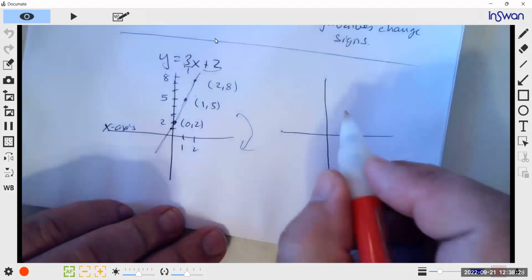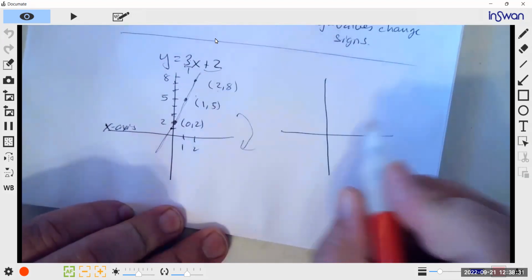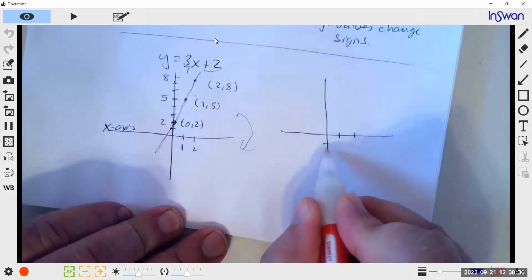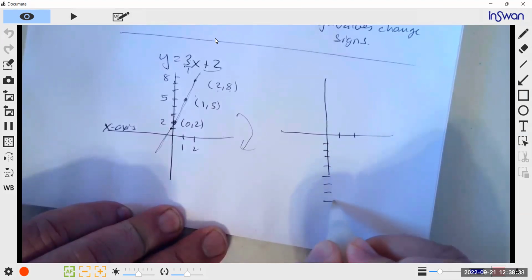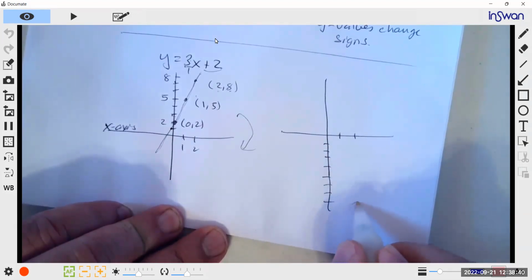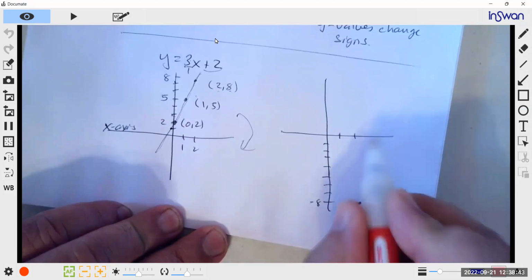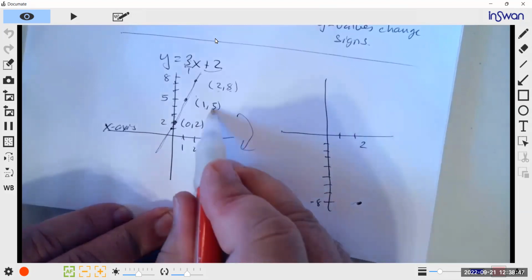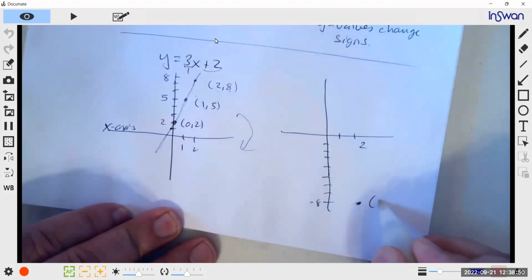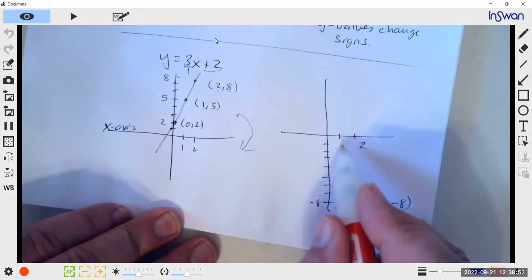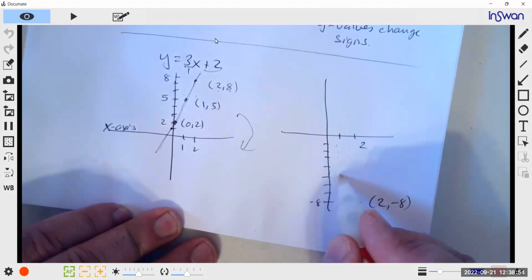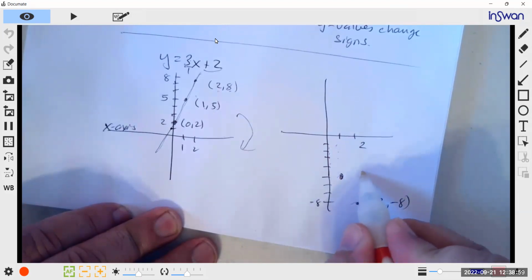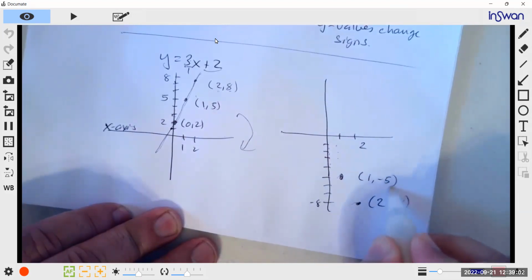So what I would do here, I would still have the 2, but now it would be a negative 8. So it'd be 2, negative 8. Then the second point is at 1, negative 5.